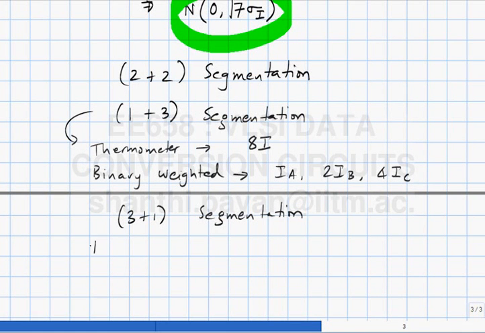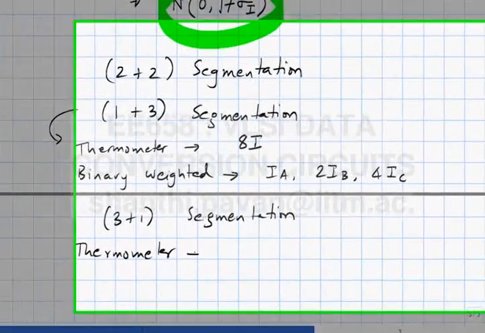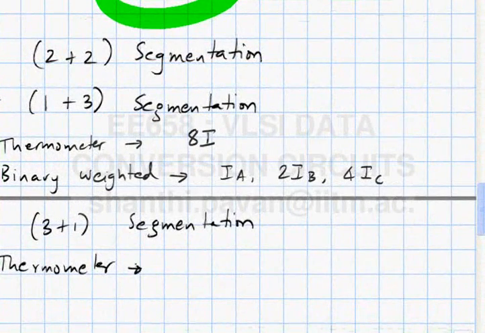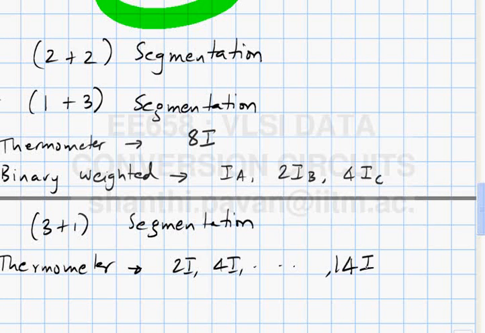So what about the 3+1 segmentation? This is where the thermometer has got 2I, 4I and so on up to 14I. It's got 7 current sources.